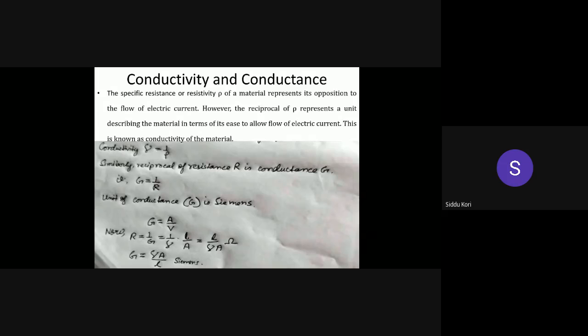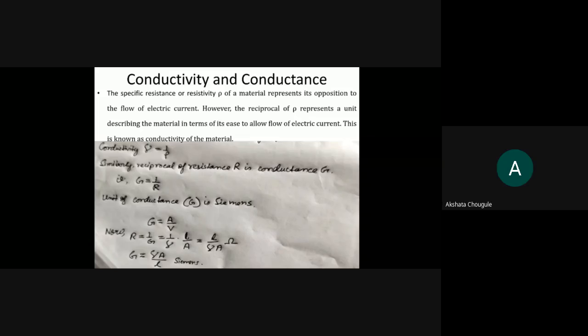So the opposite of resistance is conductance, and the opposite of resistivity is conductivity, or vice versa. Just the reverse of resistivity is conductivity and the reverse of resistance is conductance. I hope it is okay with everyone.